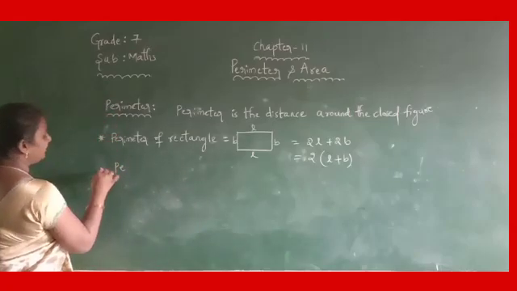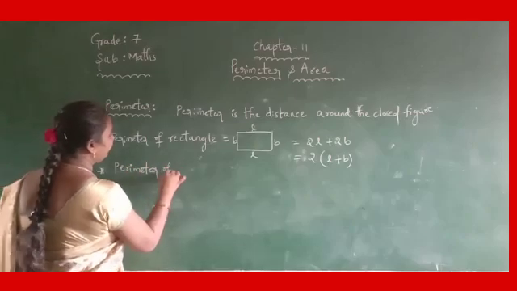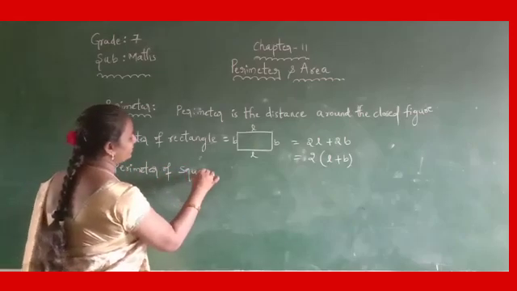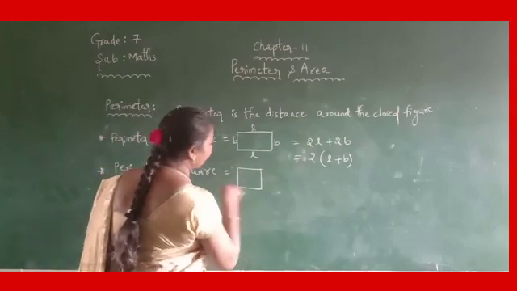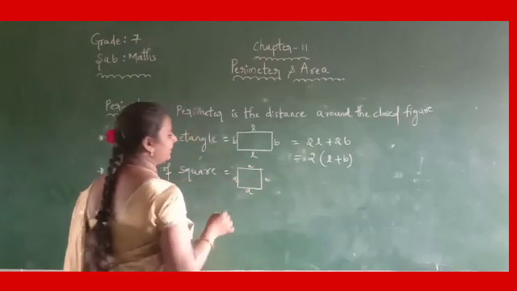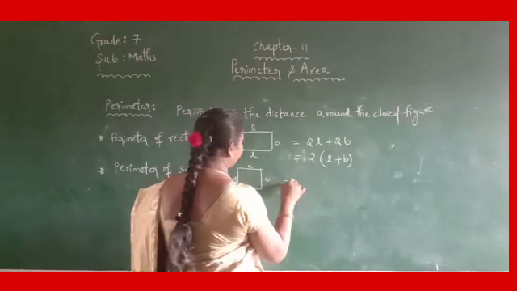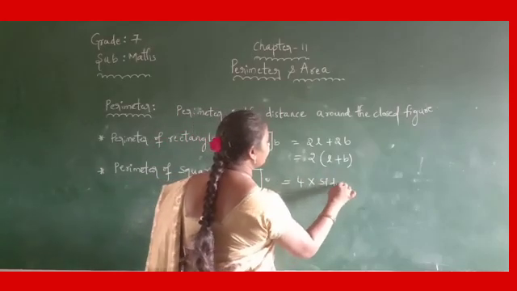Next, formula for perimeter of square. Square, all sides are equal. Assume each side is A. Then perimeter means 4 into side.